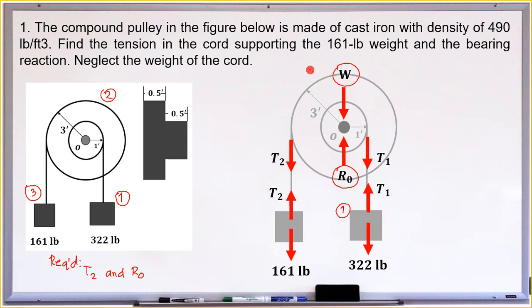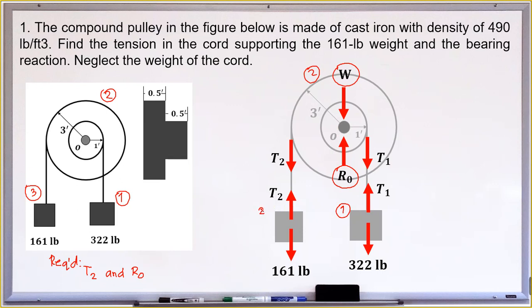For object number 2, our compound pulley, we consider this as a rigid body rather than a particle because its dimensions, the radii, are very important in performing motion analysis. The path of rotation is smaller compared to its size. Therefore, this is a rigid body.